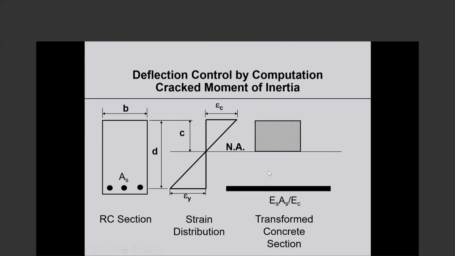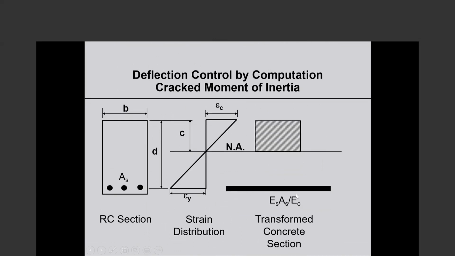This is the so-called transformed section, to figure out the cracked moment of inertia. So this is our section, the strain distribution; the concrete below the neutral axis is disregarded in computations. This is the reinforcement at depth d from the extreme compression fiber.